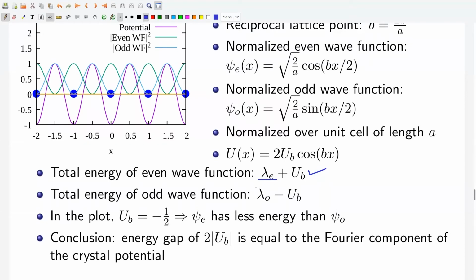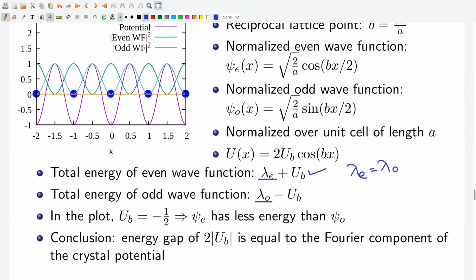Similarly, total energy of the odd wave function is lambda O minus UB, where lambda O is the kinetic energy of the odd wave function. Remember that we already have seen that lambda E is equal to lambda O.